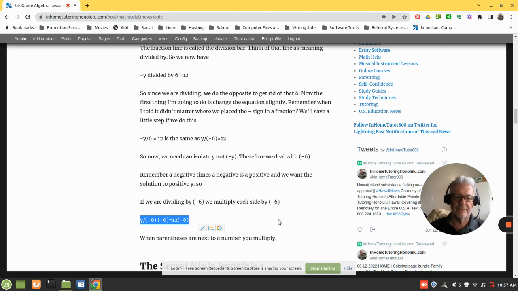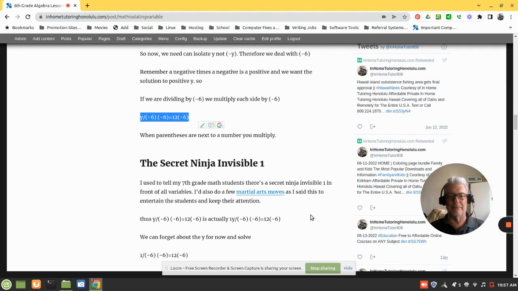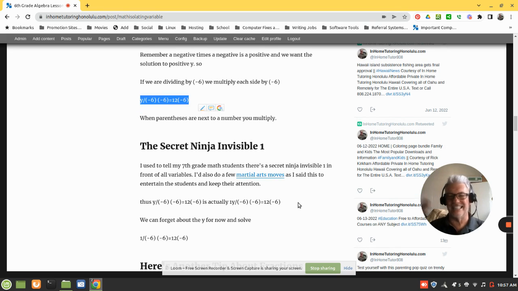Remember what I used to tell my middle school students: there's a secret ninja, invisible 1 in front of all variables. I do the same martial art moves and stuff like that. I've got a martial art background and the kids would pay attention.